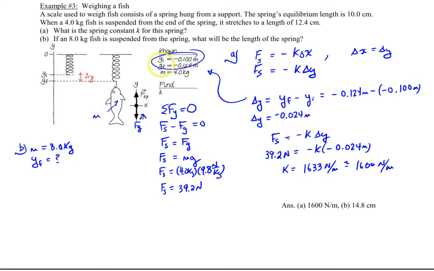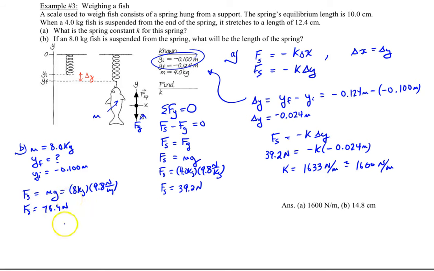So we know the initial y is, I assume, a negative 0.1. That's when it's in equilibrium. And we have this m. So I assume that we could figure out the new spring force, which would be m times g. So that's going to be 8 kilograms times 9.8 newtons for every kilogram, which gives you a spring force of 78.4 newtons.